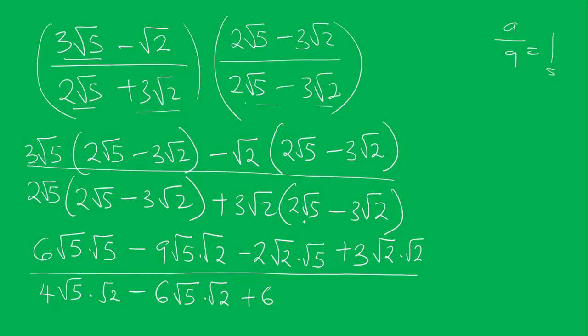Root 2 times root 5 will give you root 2 root 5. Now we have plus 3 root 2 times minus 3 root 2. So plus 3 times minus 3 will give you minus 9. So root 2 times root 2 will give you root 2 root 2.